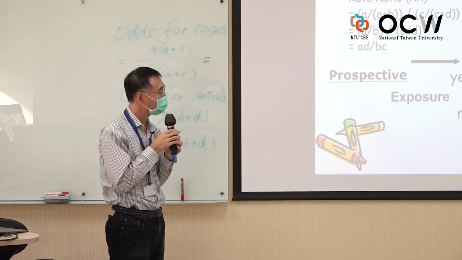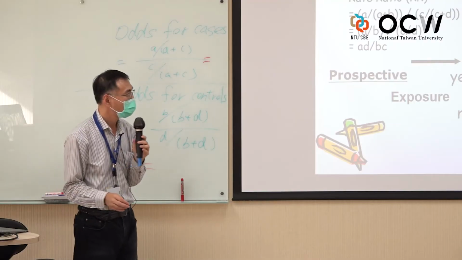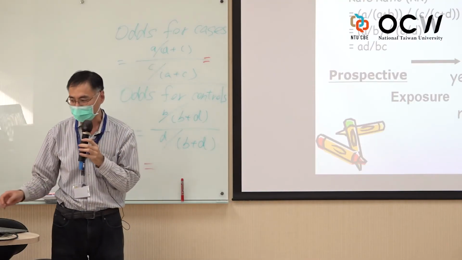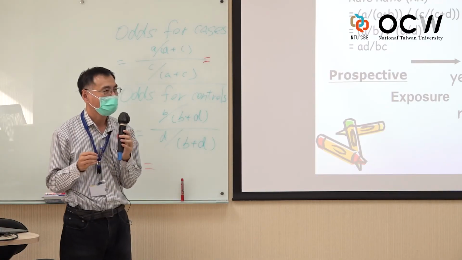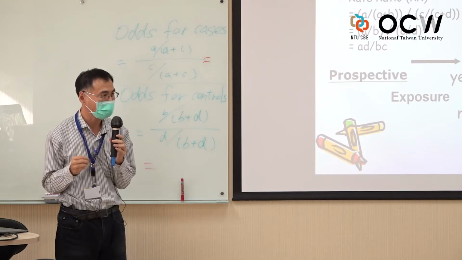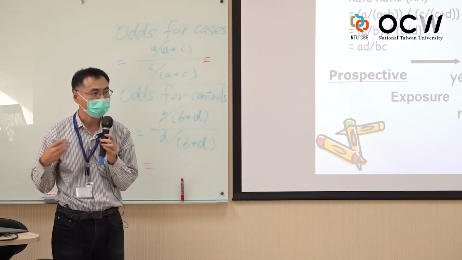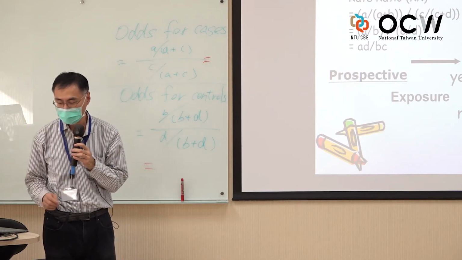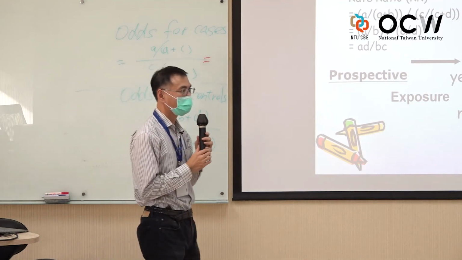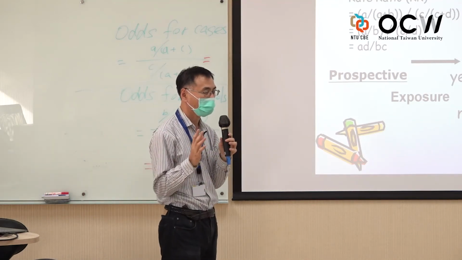Not too difficult. And what if the study scenario is that we perform a study based on the status of disease in the very beginning, the so-called case control study? We call it a retrospective view of the whole thing.